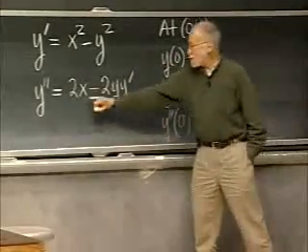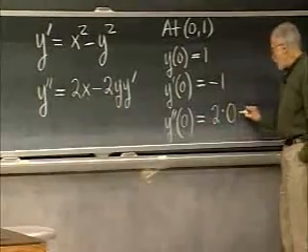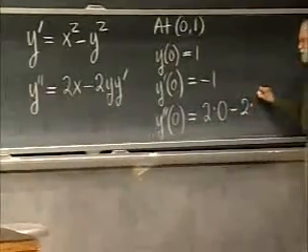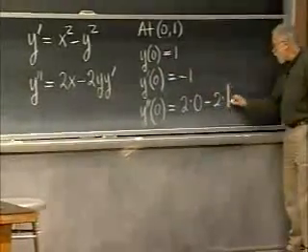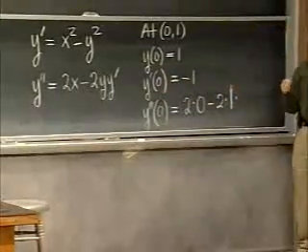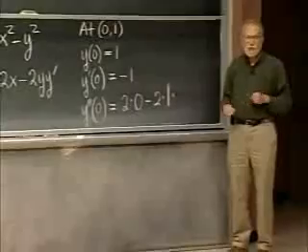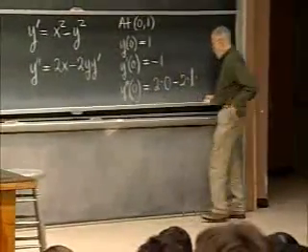Well, I'll write it out. It's 2 times 0 minus 2 times y, which is 1, times y prime, which is negative 1. You might say we're pulling ourselves up by our own bootstraps, which is impossible, but it is not impossible because we're doing it.